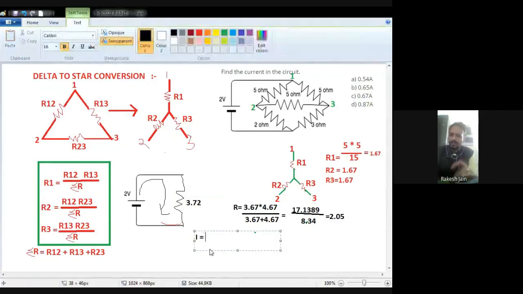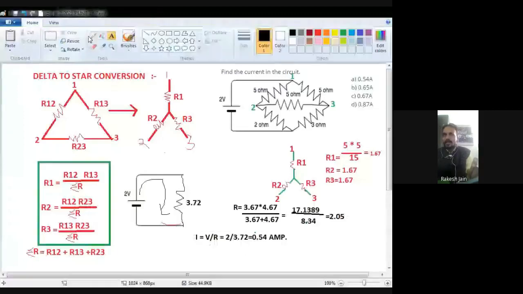These two resistances will be removed. We solved this parallel combination, so these two resistances will be completely removed, and only a single resistance will remain, whose value is 2.05. Okay, now see, these two resistances are in series.